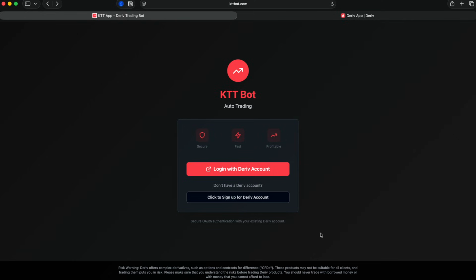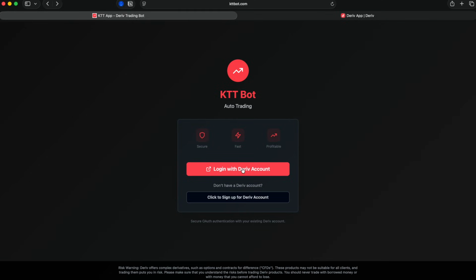So I'm going to log into this account and show you inside. I'm just going to click login with Deriv account. If you don't have a Deriv account, you can just go ahead and sign up below here. I can also show you how you can sign up.